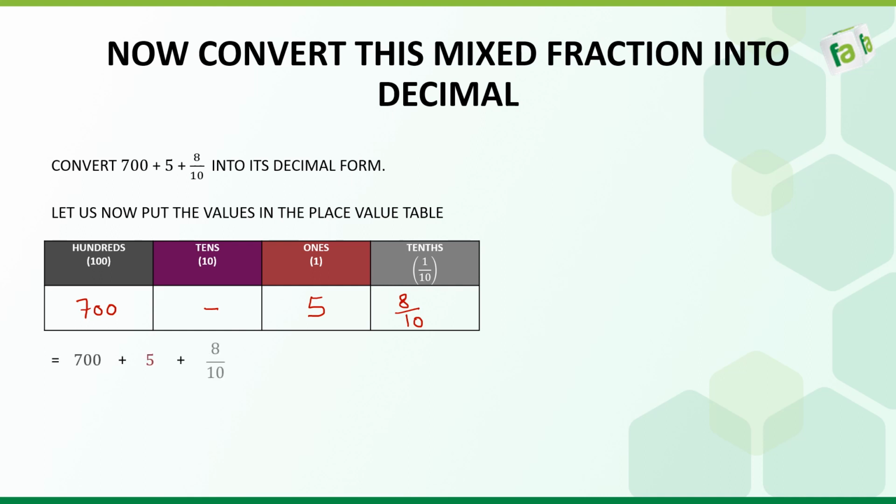So 700 plus 5 plus 8 by 10 is here. Then the tenths place is always represented by a decimal which is equal to 0.8 in this case. So 700 plus 5 plus 0.8 gives the final answer, that is 705.8.